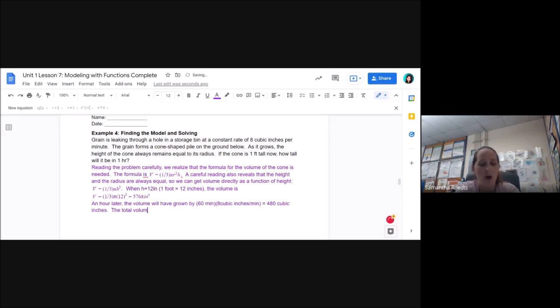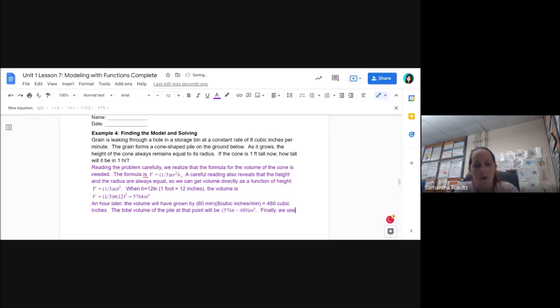So the total volume of the pile at that point will be 576 pi plus 480 inches cubed.